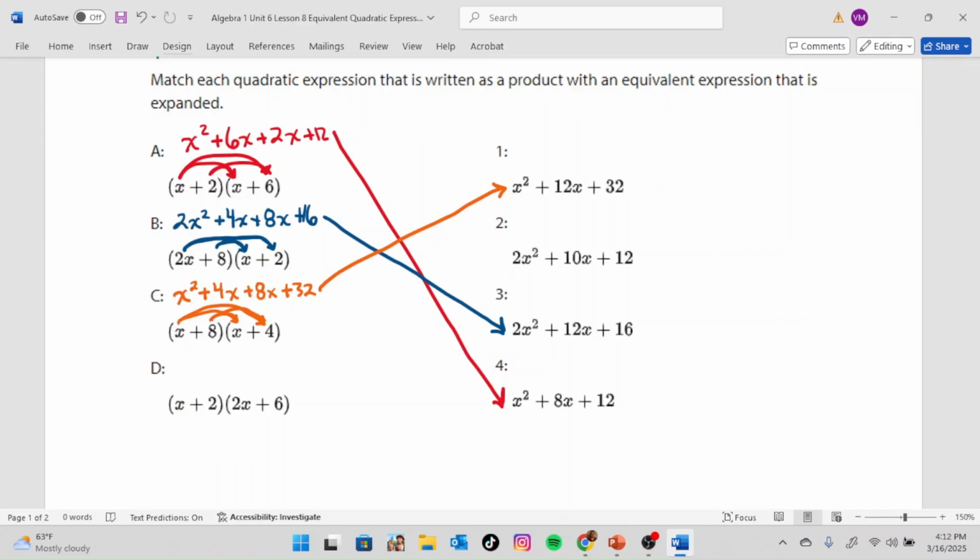And lastly, choice D, we see x times 2x, which is 2x squared, x times 6, which is 6x, 2 times 2x, which is 4x, and 2 times 6, which is 12. So we're looking for 2x squared plus 10x plus 12, and we see that with number 2.